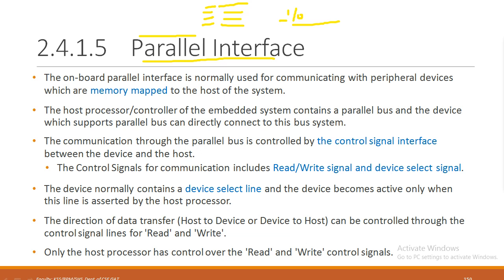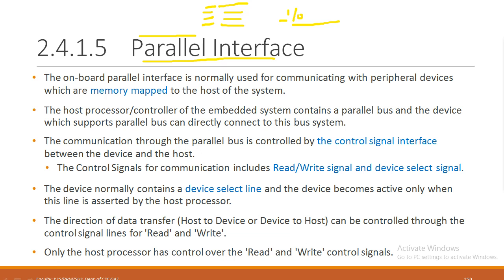Before USB ports became common, most personal computers had at least one parallel interface for connecting a printer using a parallel port. It might be seen not in recent days, but maybe 5 years old, or even less than 5 years back.